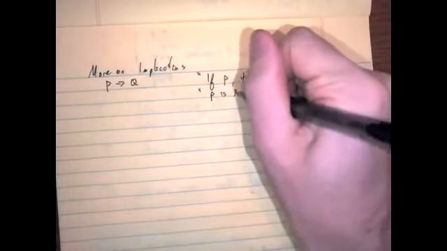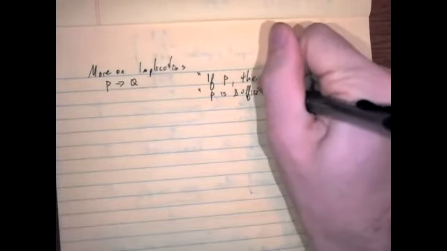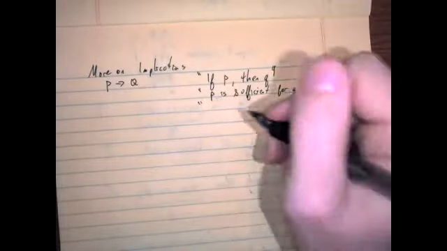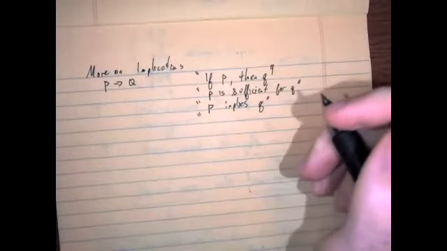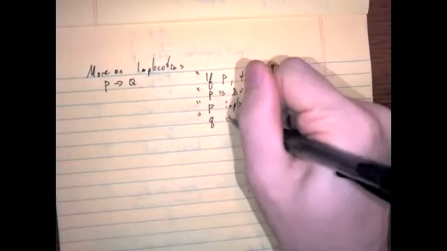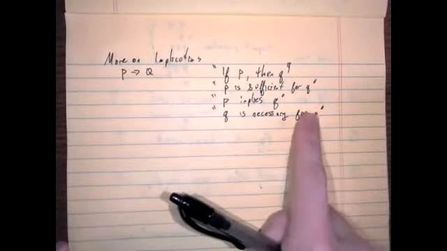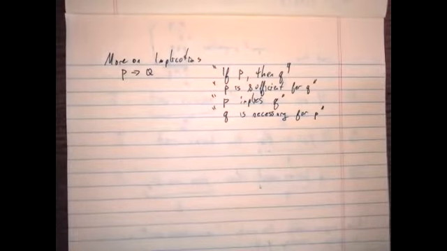P is sufficient for Q. The next one would be P implies Q. And then here's one that kind of trips people up a little bit: Q is necessary for P. Q is necessary for P is another way of saying P implies Q, or Q is sufficient for P, or if P then Q. And there's a longer list in the textbook if you've read ahead, but I think these cover the most common ones.